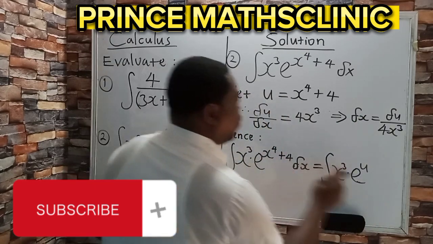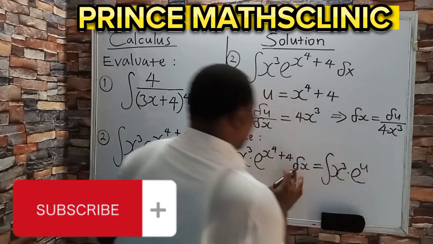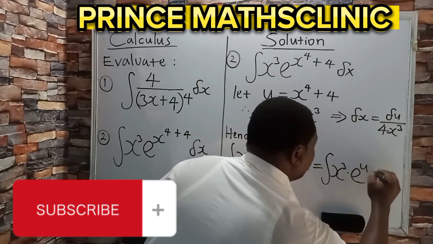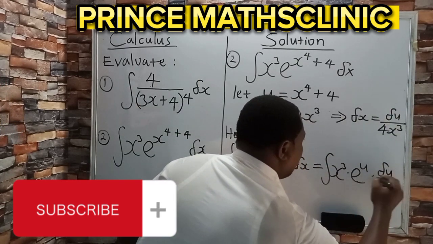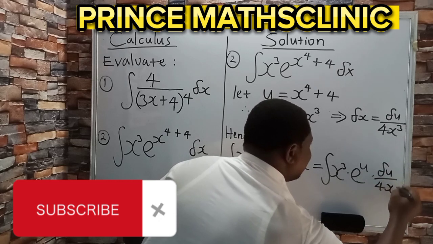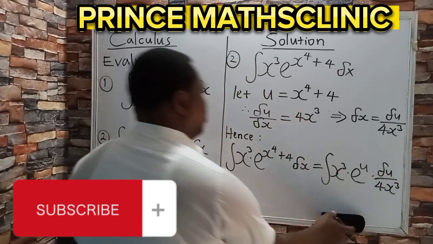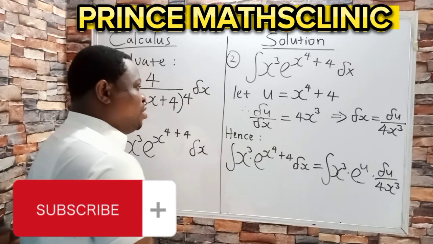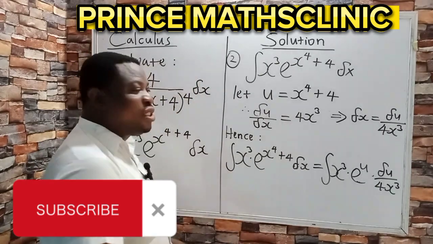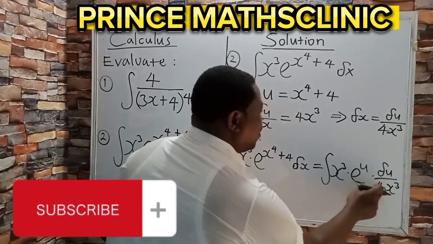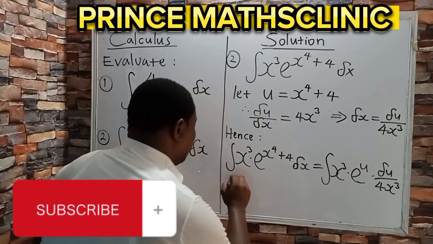Then dx has become du over 4x cubed. It's getting interesting, right? Good. So now you look out for the constant. The constant we have here is 4, which is 1 over 4. So pull that out.